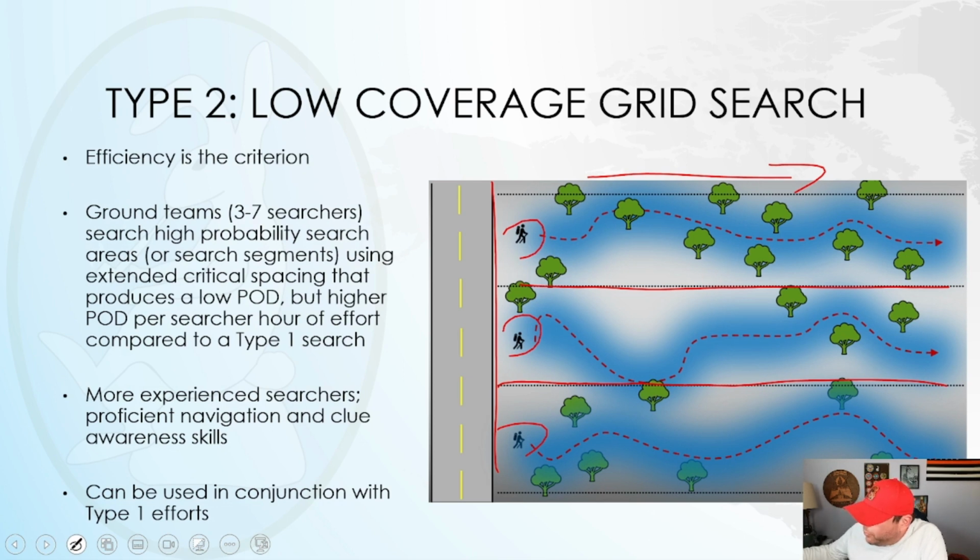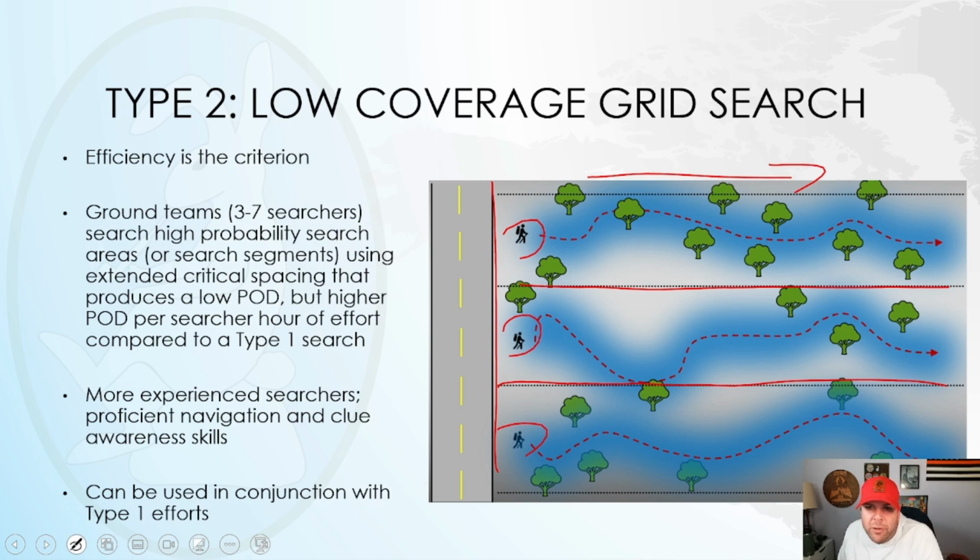And the blue here is going to represent the field of vision. So you can see there's not a lot of visual overlap between the searchers. There's a little bit, but not a whole lot. We're spreading them out wide. We're having them move in a grid-like, systematic manner, and we're progressing through the area.